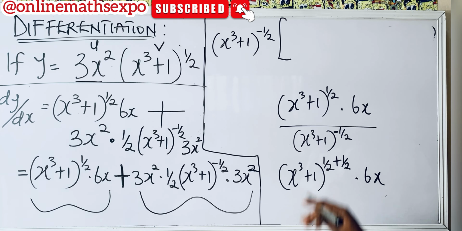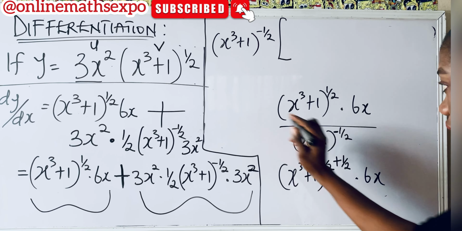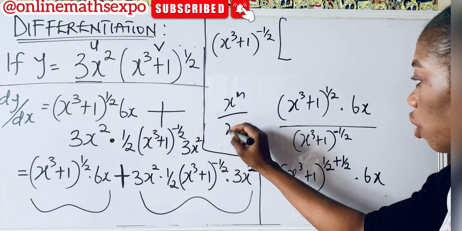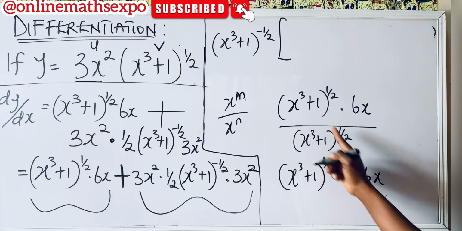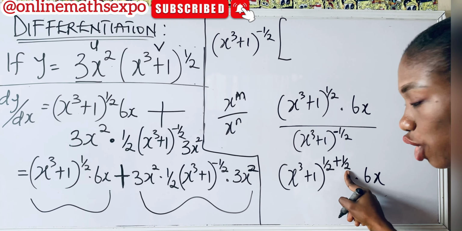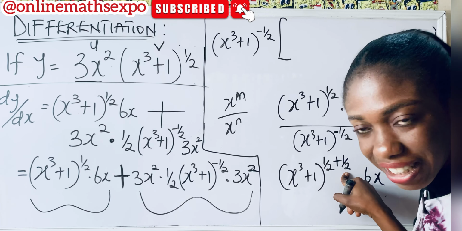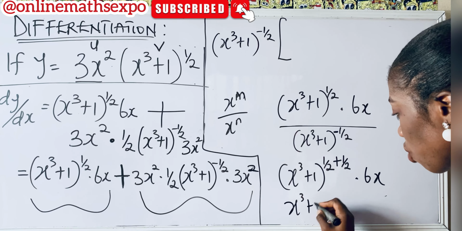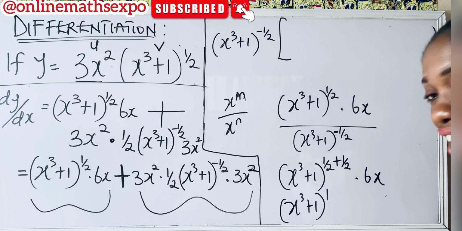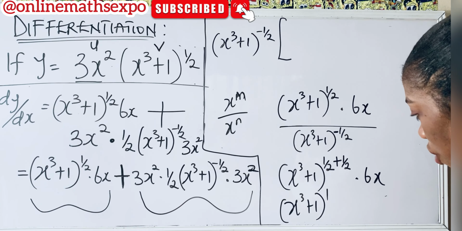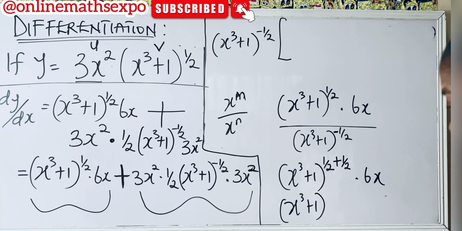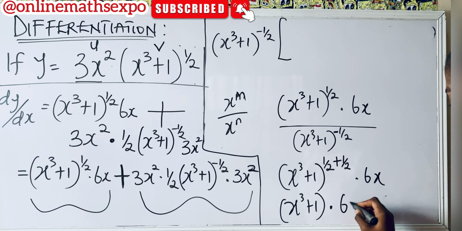Pick one of the bases, okay? And if you add this, it is going to give us half plus half is 1. So this means you have x cubed plus 1 to the power of 1. And anything to the power of 1 is that number. So you are free to take the 1 off, then multiply by 6x.